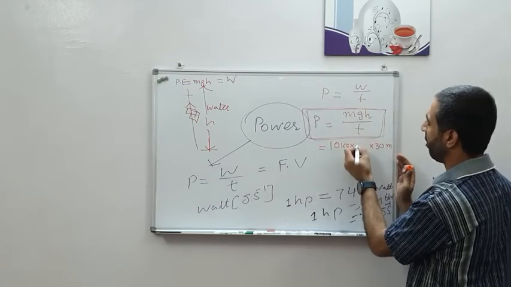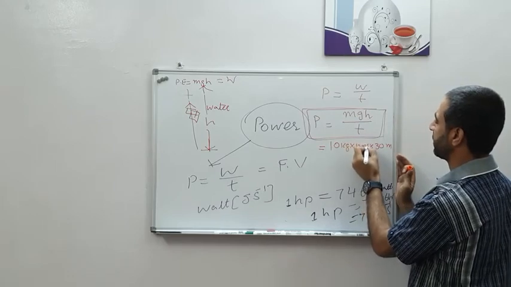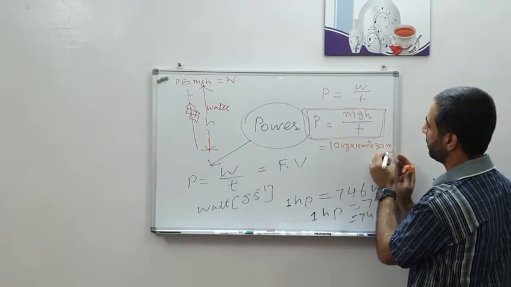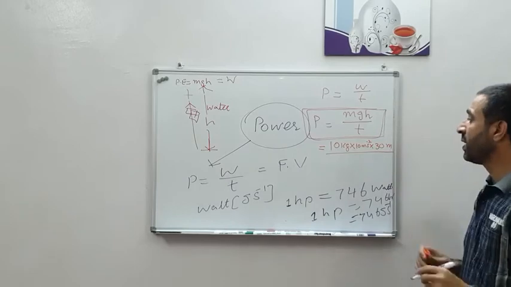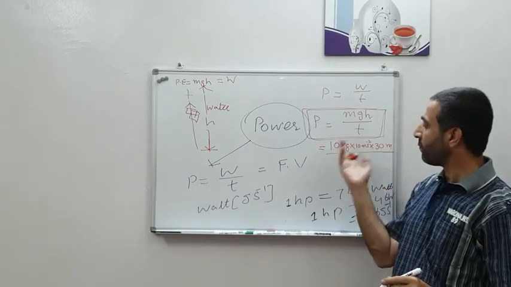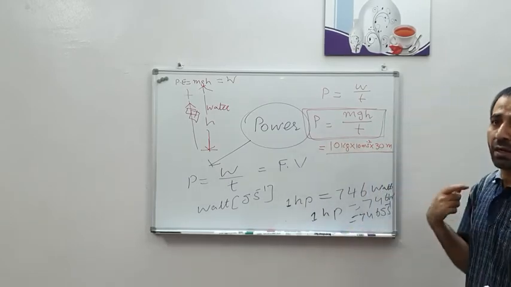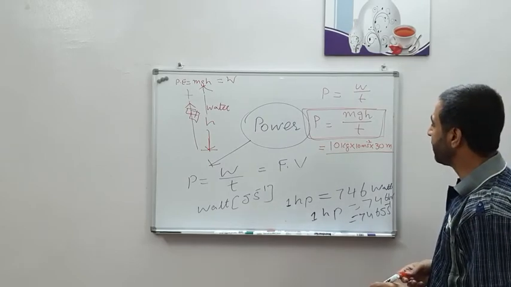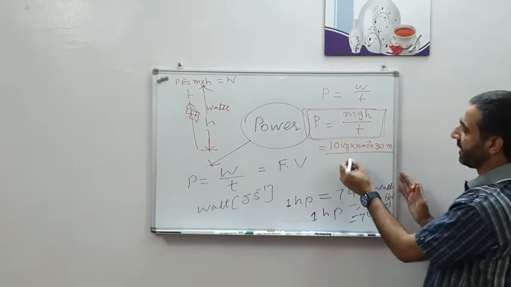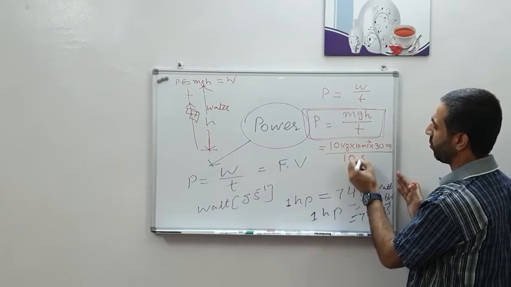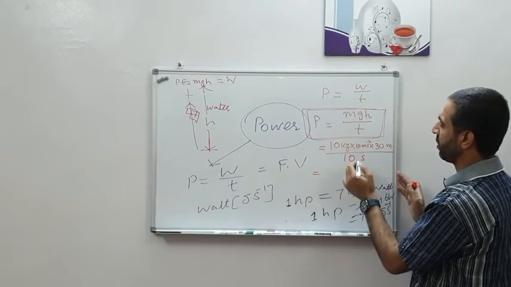The g value you already know, 10 meter per second square. In how much time? Let me make it easy, for example, 10 seconds. So what could be the power of your motor?